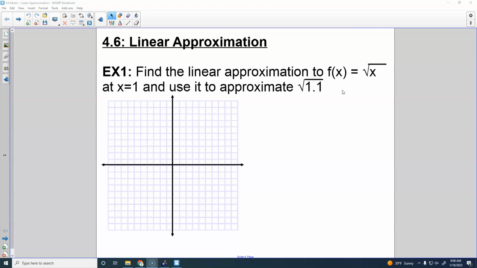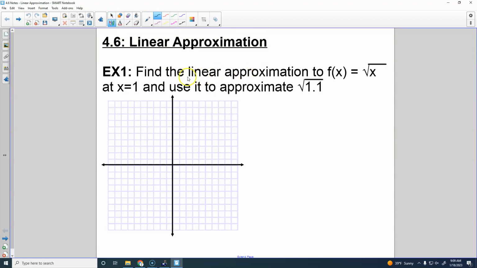And then we're going to look at some other situations where we have to use linear approximation because we don't know the original function. We can't just plug the number into the original function. Okay, so in those cases, because we don't know the original function, linear approximation is the best that we can do. So here's the idea behind linear approximation.